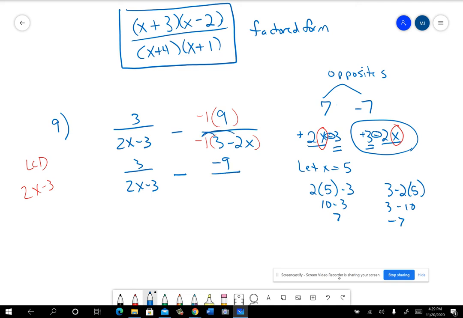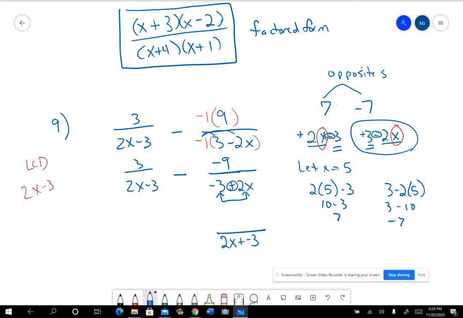And see that negative, when I distribute it, would be -3 plus 2x. Now, I know it still looks different than 2x minus 3, but it really isn't, is it? Because I have two things. There's a plus. It doesn't matter whether you add in that order or this order, okay? Those say the same thing.